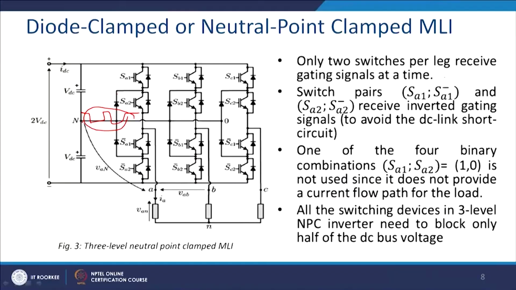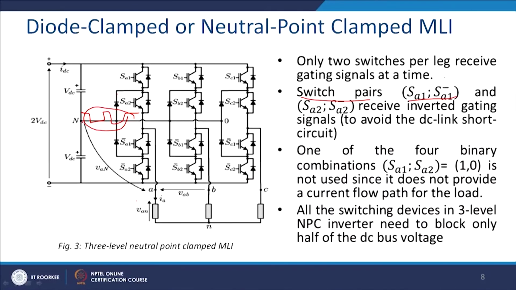So, for this reason, switch pairs SA1 and SA2 receive the positive signals, and the others receive the inverted signal, to avoid the short circuit condition. Similarly, here this pair of switches will receive the inverted signals, and this pair of switches will get a positive signal. One of the 4 binary combinations is not needed to represent those switches.